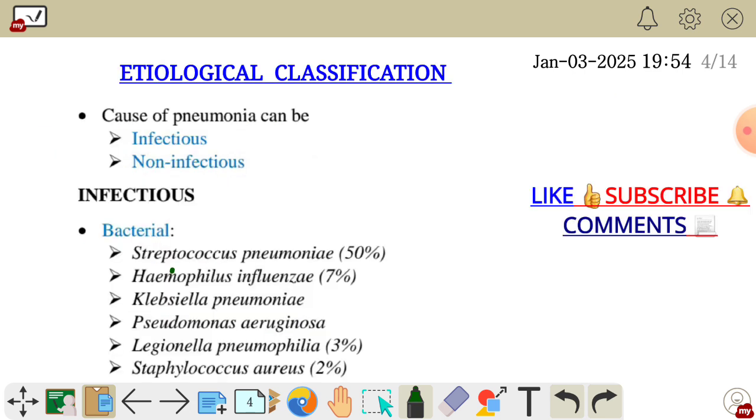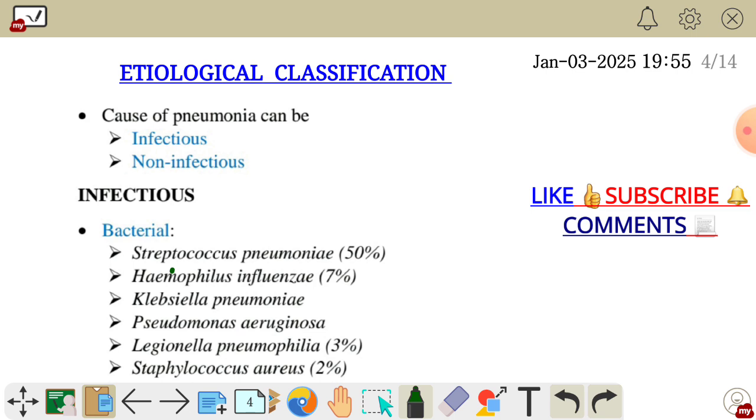But moving further, we can also classify pneumonia according to the etiology, that is, using the cause of pneumonia. So we have infectious and non-infectious pneumonia. Under infectious pneumonia, we said it can be caused by bacteria, a virus, or a fungus.